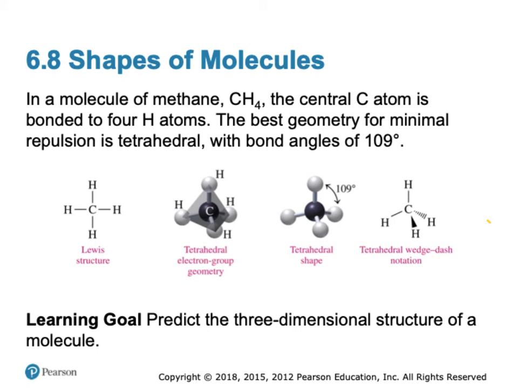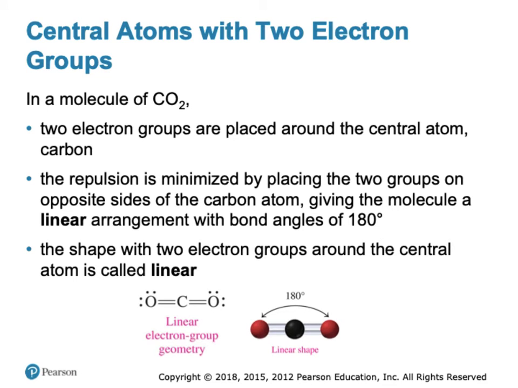So now what we're going to do in this section, and I know this is a long video and I'm sorry about that, is take what we learned about Lewis structures and bond polarity and use that to predict the shapes that molecules assume. It's important to learn about the shapes of molecules because the shape is important in how a molecule will interact with an enzyme or a protein.